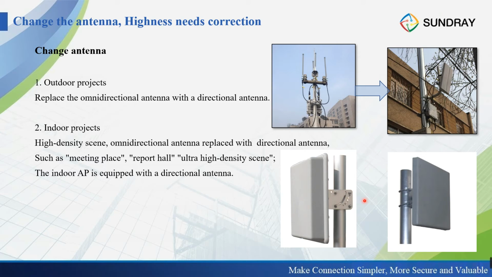So if we encounter the problem with an omnidirectional antenna, it's recommended to replace it with a directional antenna. And for indoor projects, in some meeting places, report halls, or other high density scenarios, the indoor repeater is recommended to use the directional antenna.